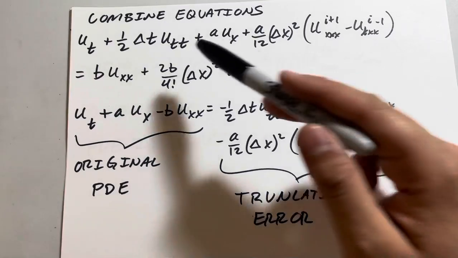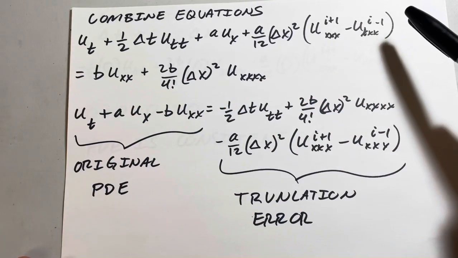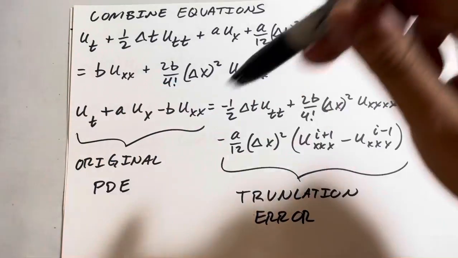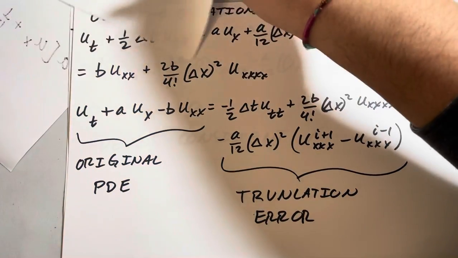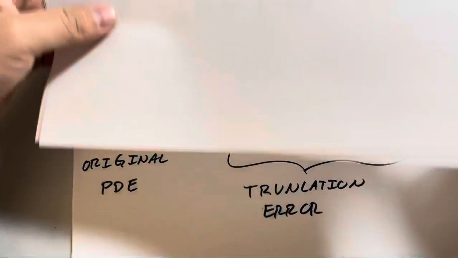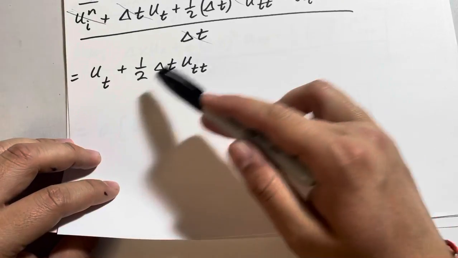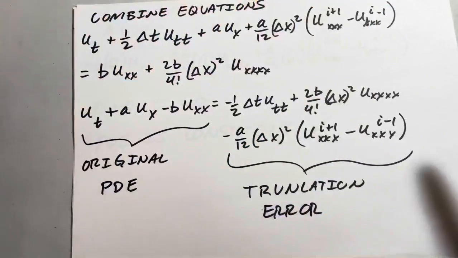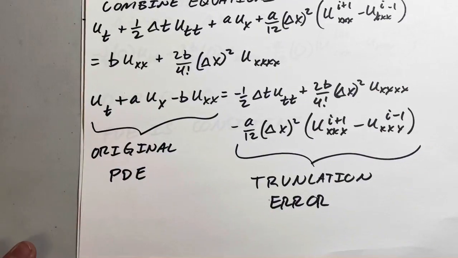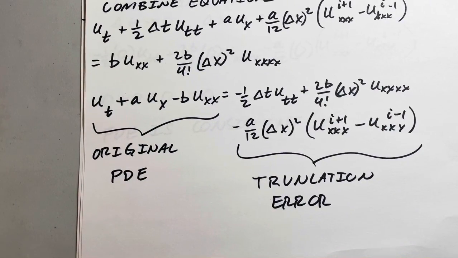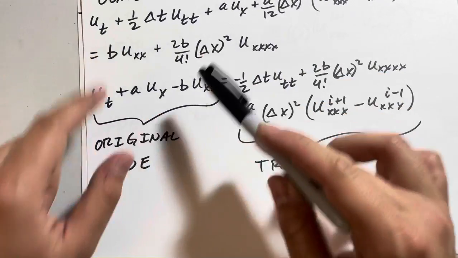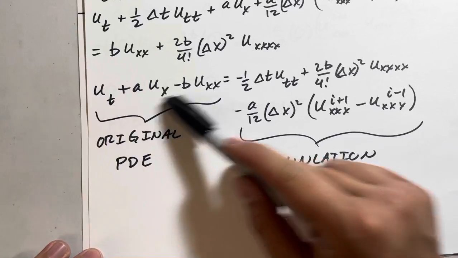So we are going to plug them back in. So we're going to have u of t, 1/2 delta t u second derivative t, and that same process continues for all the other terms. And then we can rearrange this into our original partial differential.